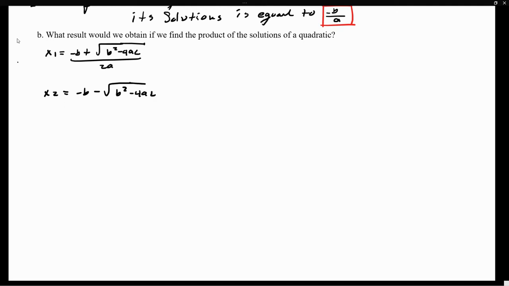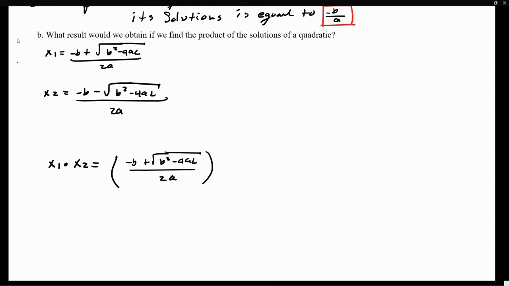Now, what would happen if I multiply them? Let me rewrite my first solution, which uses the plus: minus b plus the square root of b squared minus 4ac, all over 2a. And now I want to multiply this by minus b minus the square root of b squared minus 4ac, all over 2a.